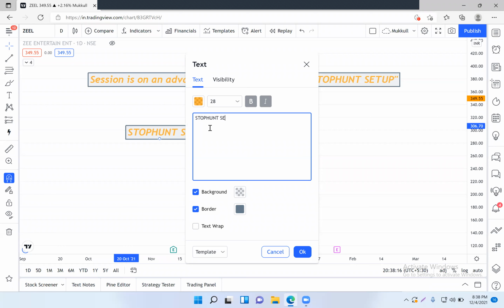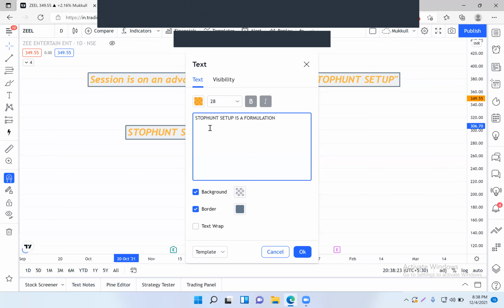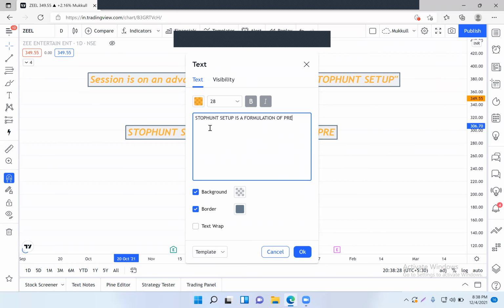Okay. So the stop hunt setup is a formulation of previous 2 days price extensions.